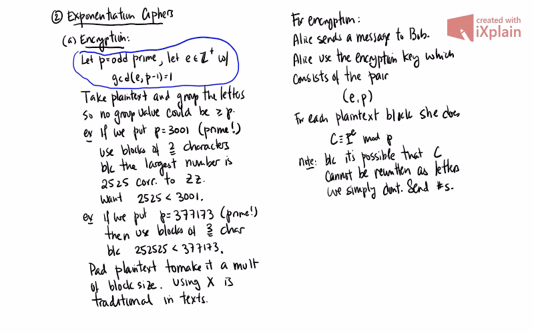So let's do a simple example. Actually, it's probably not going to fit in right here, but that's all right. Alice will use E, P, which will be 479, 3001.